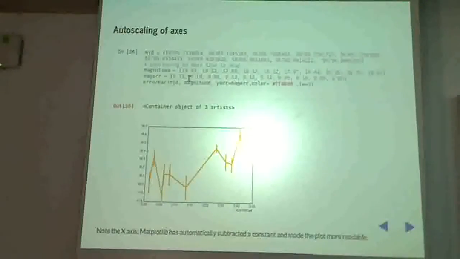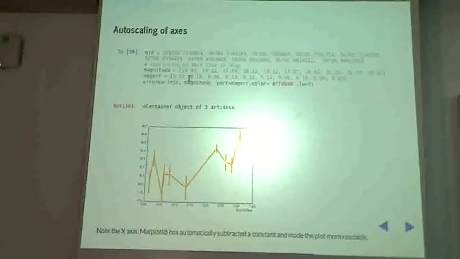Now, I notice here that I have not specified the x error, I have only specified the y error. And therefore I get y error is equal to, I specify the mag error, so error bars are only plotted along the y-axis.